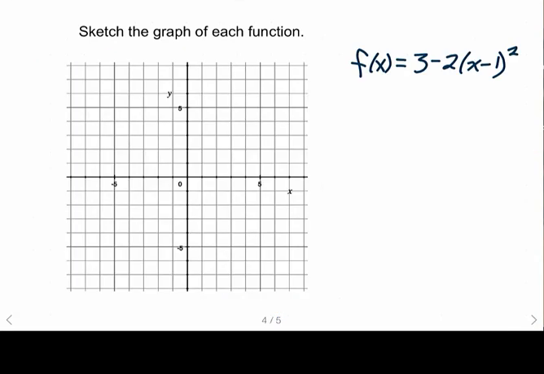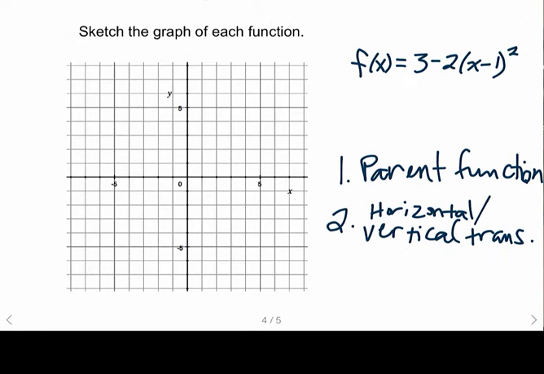Now we're going to have a few functions that we're going to graph. What I want us to look at is what is the parent function, or the basic function, or as one student said, the mother function. What is the location due to, say, a horizontal or vertical translation? Consider if the shape has been changed due to a stretch or compression.